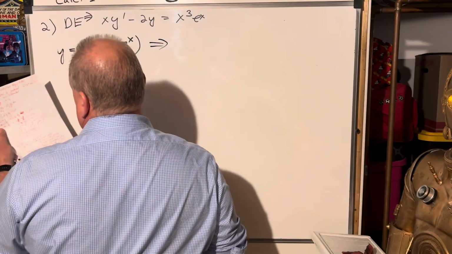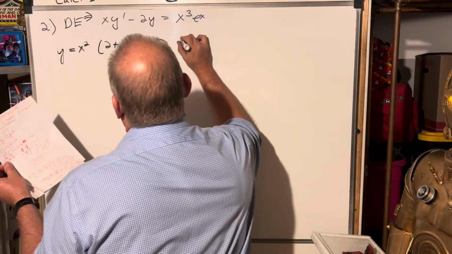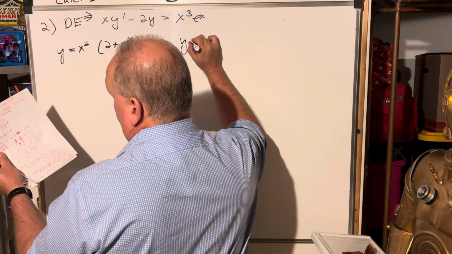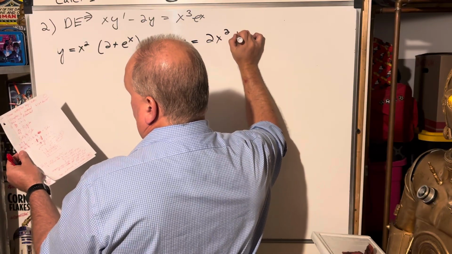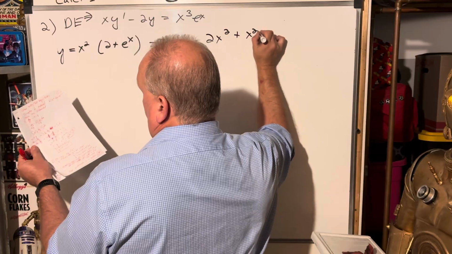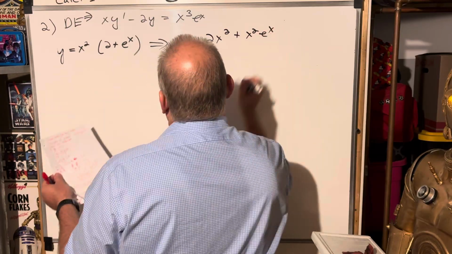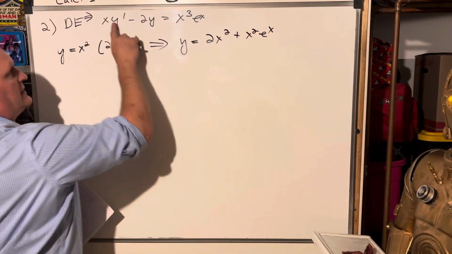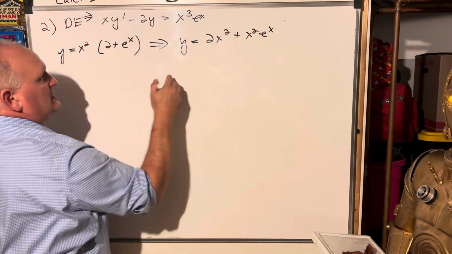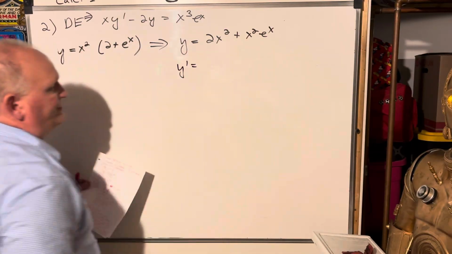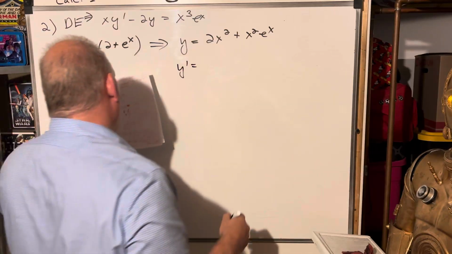Let's do a rewrite. We'll do y is equal to 2x squared plus x squared e to the x. When I look at this, I need y and I need y prime. So let's find y prime. We've done that, right?